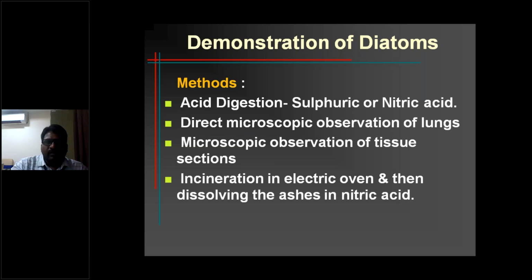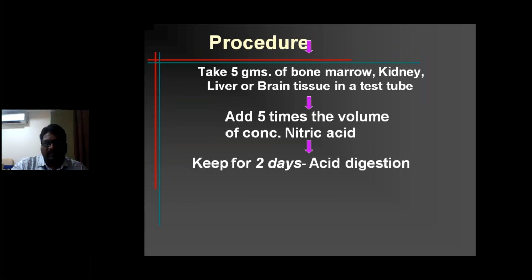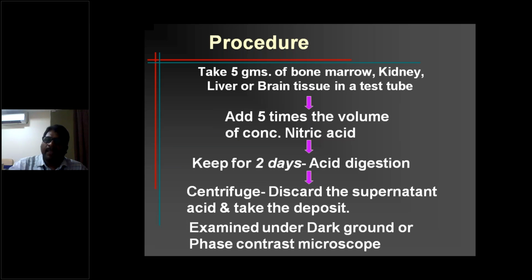What is the procedure for the diatoms? Take 5 grams of the bone marrow or kidney, liver, or brain tissue in a test tube. Whatever you collected from the body, viscera or bone marrow, take 5 grams and add 5 times the volume of concentrated acid. Keep it for 2 days. This is the acid digestion method.